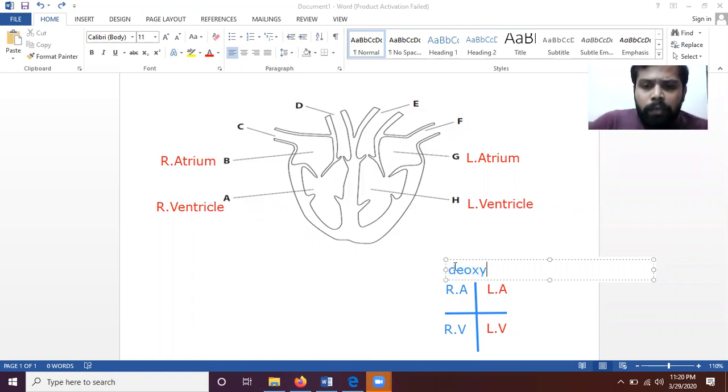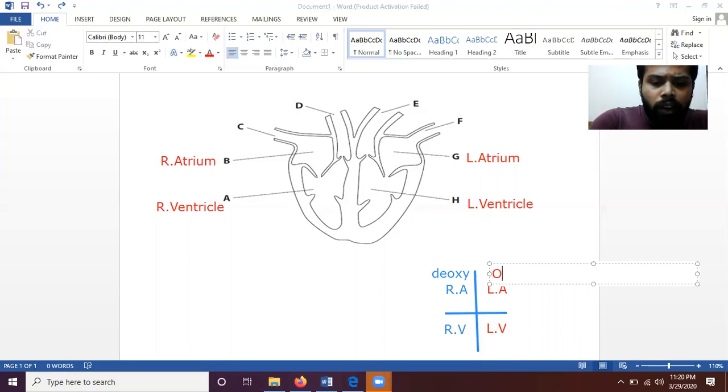So what do you mean by deoxygenated blood? Since this blood is coming from the body, the body produces a lot of carbon dioxide. So the carbon dioxide diffuses into the blood and it gets carried into your heart. So our right atrium gets filled with what? Deoxygenated blood, and our left atrium gets filled with oxygenated blood.